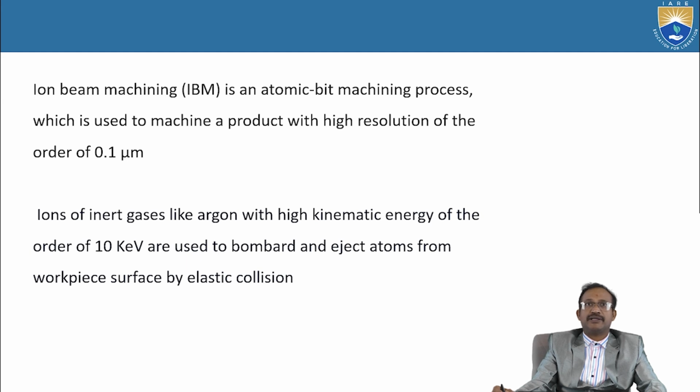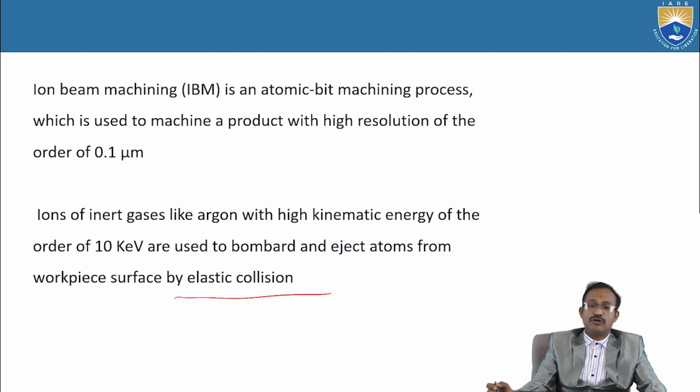Ions of inert gases like argon with high kinetic energy of the order of 10 keV, that means kilo electron volts, are used to bombard and eject atoms from workpiece surface by elastic collision. So here the mechanism of material removal is due to elastic collision.